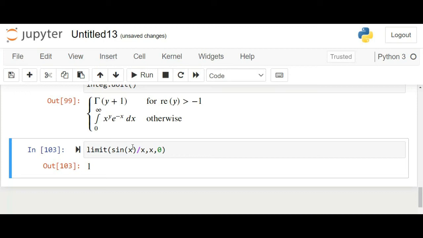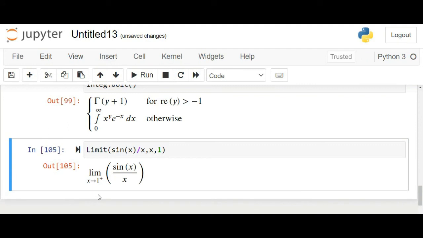And by changing, if we want sine of x divided by x, if we want to change it to 1 and find the limit as x approaches 1, then this will be sine 1. Our answer will be sine 1, and in this case, of course, x approaches 1 plus, okay.